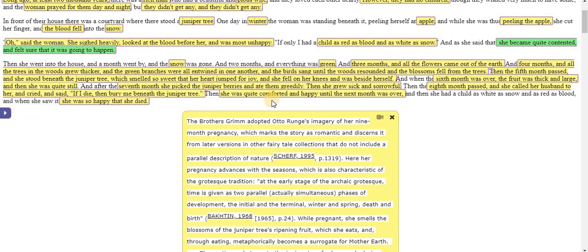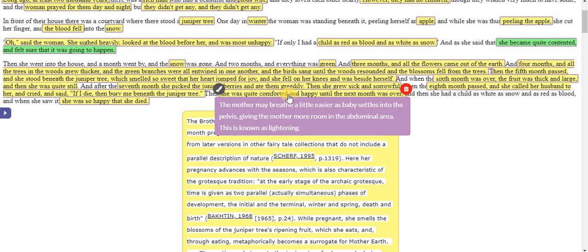And she was quite comforted and happy. She was comforted by her husband, and after the 8th month, during the 9th month, she felt quite comforted and happy. Maybe her husband might have comforted her.